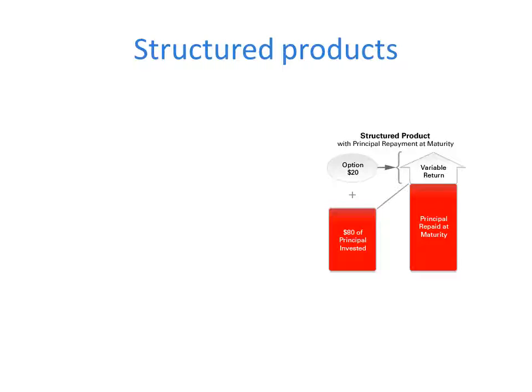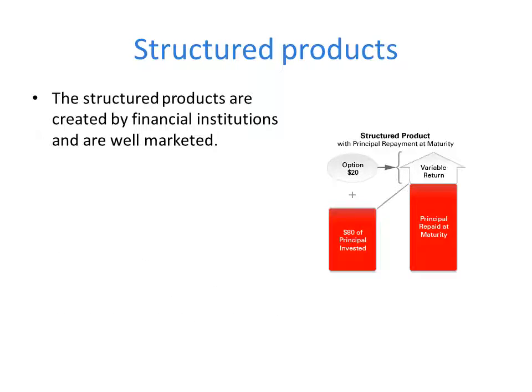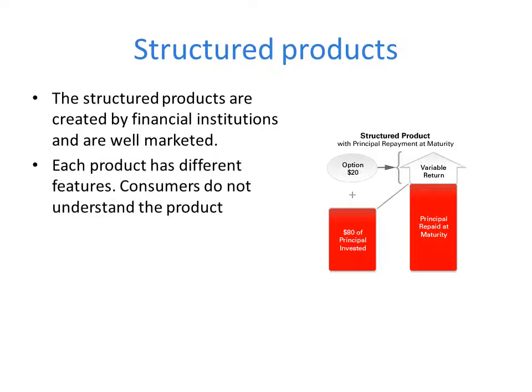Now, I'm going to talk about structured products. These are investment products created by some banks and sold to consumers through another bank. These products are very well marketed, so you see them advertised in the newspapers or in posters at the branches of the bank.